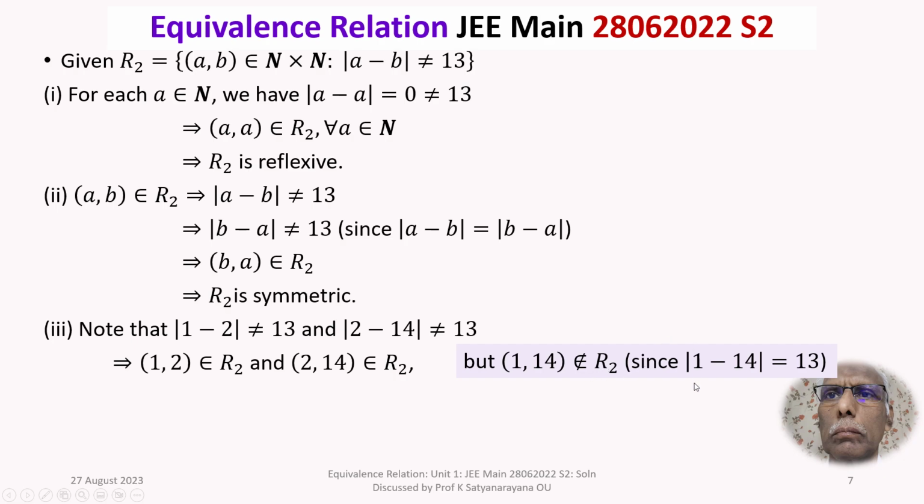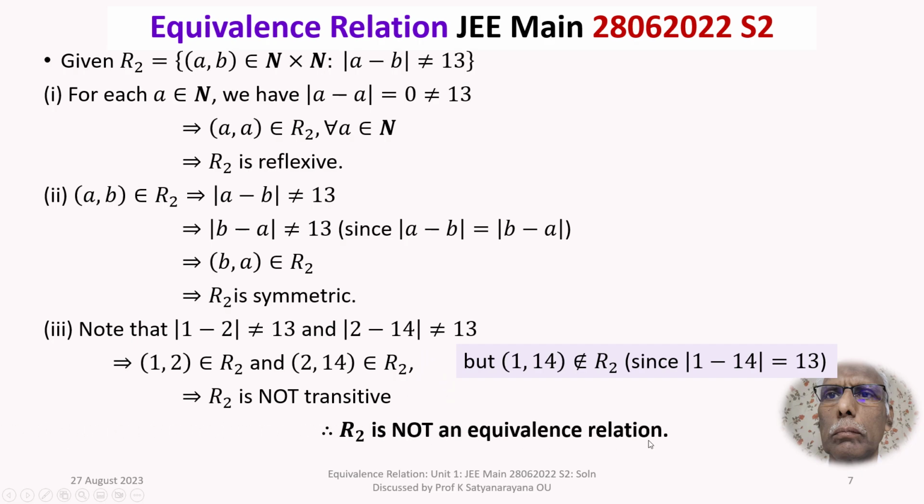Because mod of 1 minus 14 is 13. But the condition is that it should not be equal to 13, and it is equal to 13. That means it violates the condition. Therefore, R2 is not transitive. So R2 is not an equivalence relation, because the transitivity fails here.